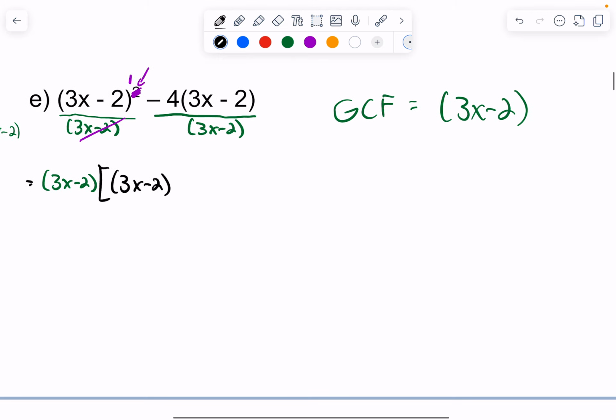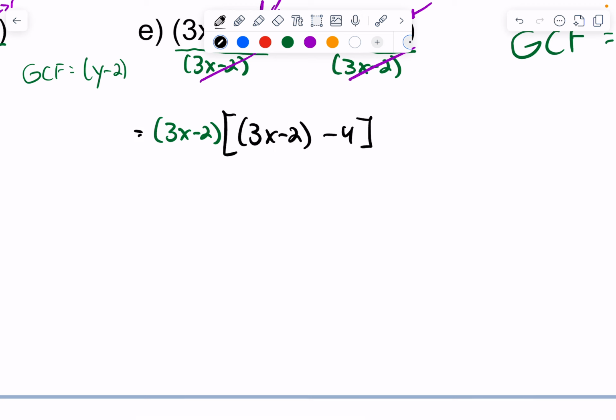And then if we look at the second term, well, this one has an exponent 1 up there technically. Well, if I'm taking away one of those 3x minus 2's, well, then that cancels, and you're just left with minus 4.